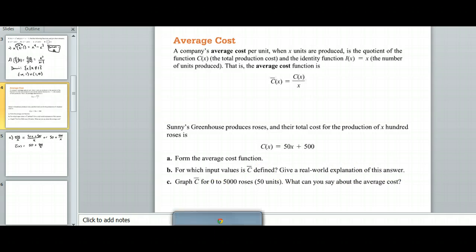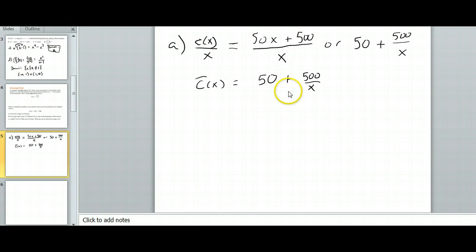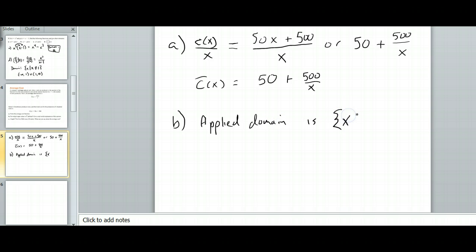Alright, now technically, if we're looking at this, this is defined everywhere except when x is 0. But because this is an application problem, the applied domain is the set of all x such that x is greater than 0.